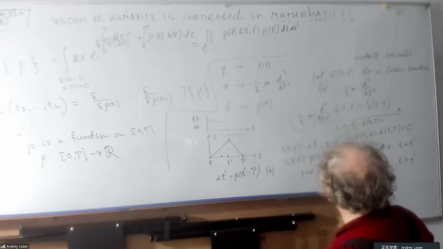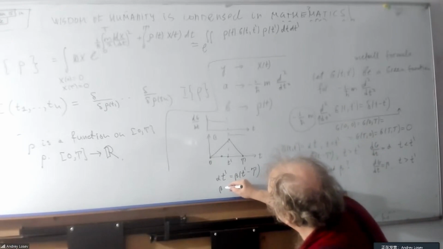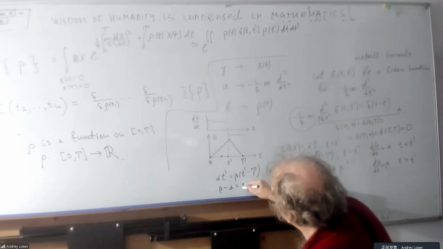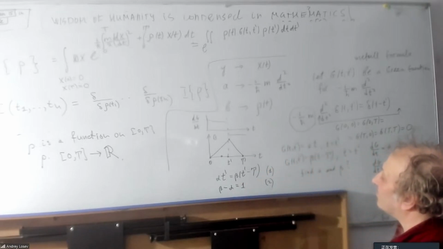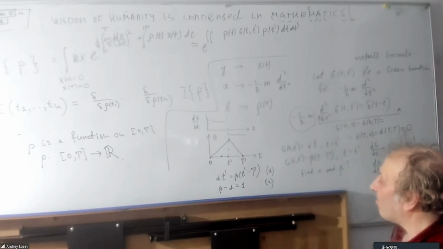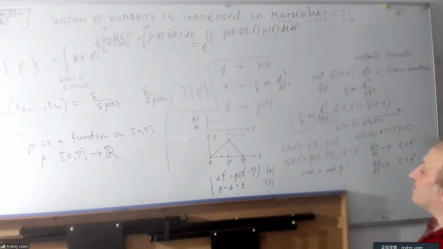And it means that beta minus alpha should be equal to 1. It's equation number 2. So that is how I can get this g. Okay?